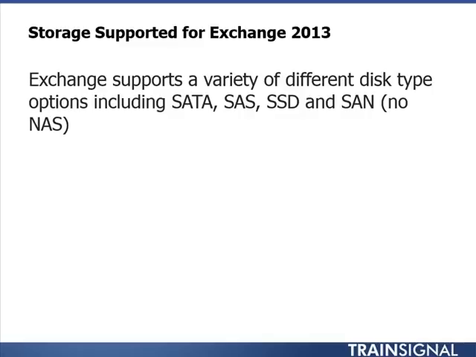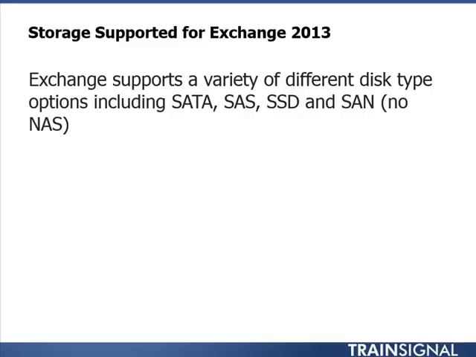SAN, Storage Area Network. Notice there's no network attached storage included in the list, but iSCSI is included. These are all supported with Exchange 2013. So a lot of times when you look at this, you say, well, I need to provide a storage solution that is going to be of the highest performance.